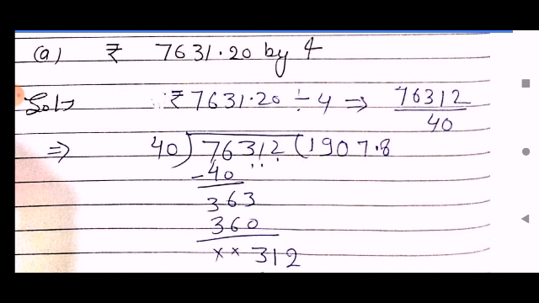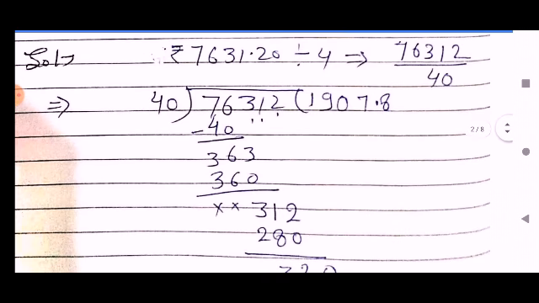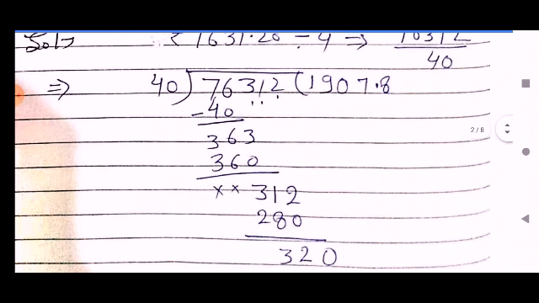On removing the point, we have the number 76,312 divided by 40. So we have to divide 76,312 by 40. First of all, we will study the table of 40. 40 ones are 40, and 40 is smaller than 76.